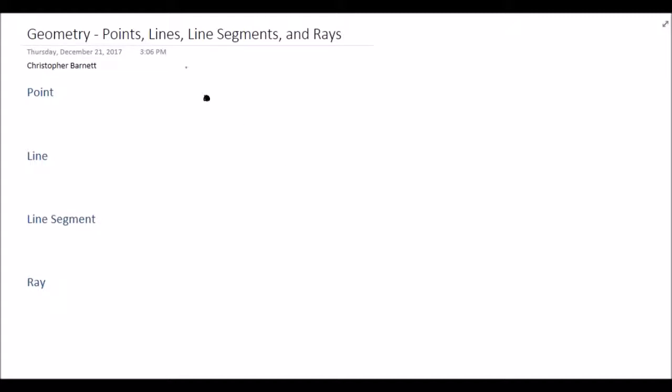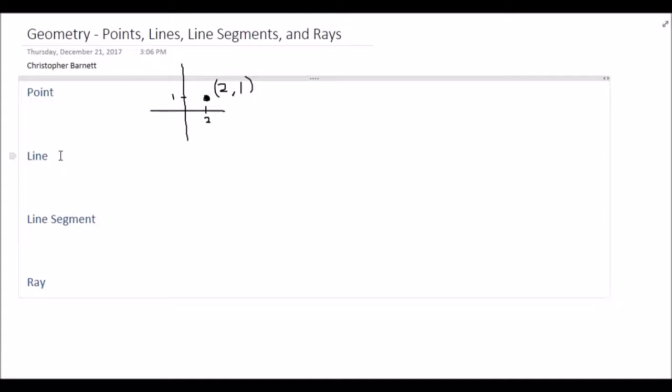So for example, if we had a Cartesian plane like this, and we had the point, let's say that's 2, 1, that's a point. That's one application of a point. There we go. So that's one point. It's just a single location, nothing really special, just a dot right there.